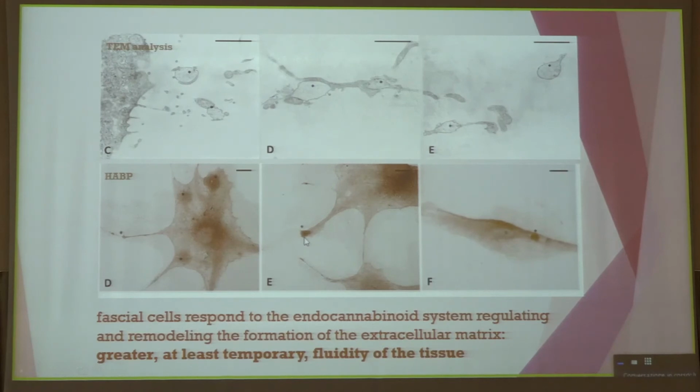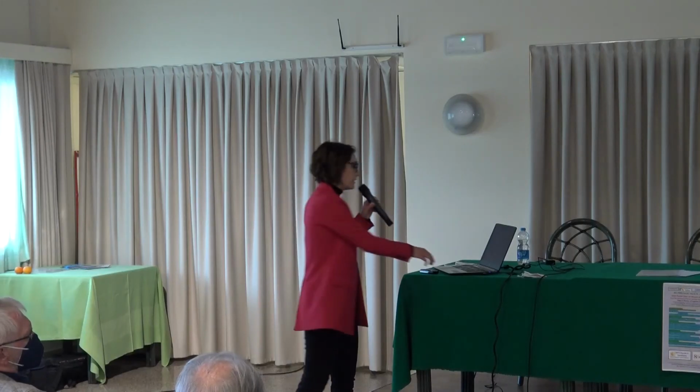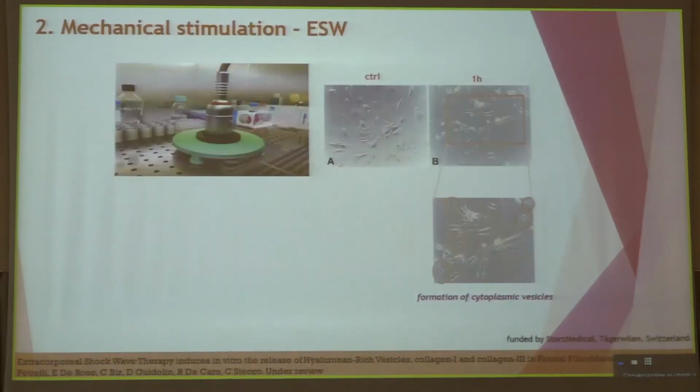In fact, the vesicles are positive for the staining for the hyaluronan binding protein. So it means that the treated fascial cells can produce much more hyaluronan, and maybe this is very important to help the tissue to have much more fluidity. We don't know the effect on the time, so at least temporarily there is a greater fluidity of the tissue.